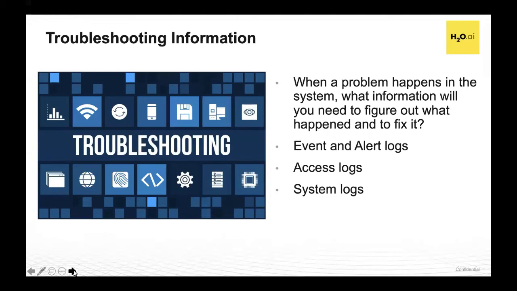And that's going to come in the form of, do I have kind of a full event log? Do I know everything that happened in the system over time? Do I know all the events correlated with all of my alerts? Do I have a full set of audit trail or access logs? And are those correlated with those other events?